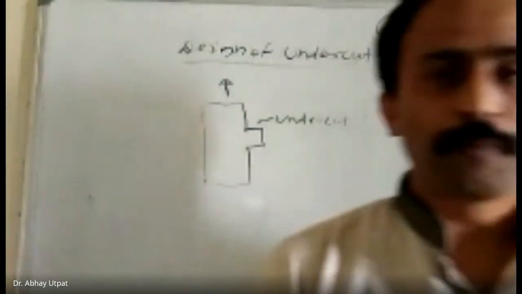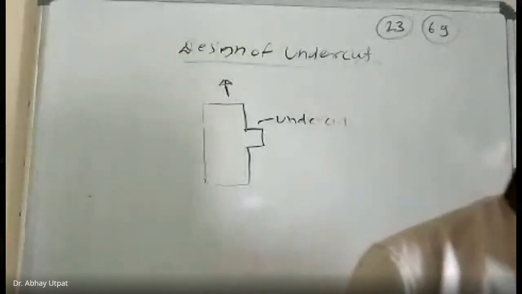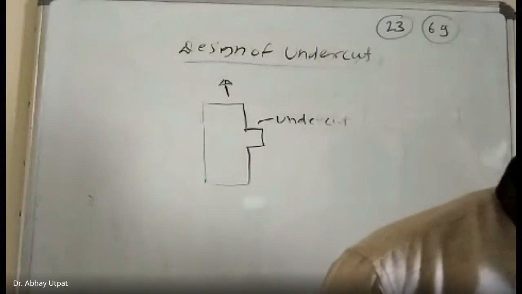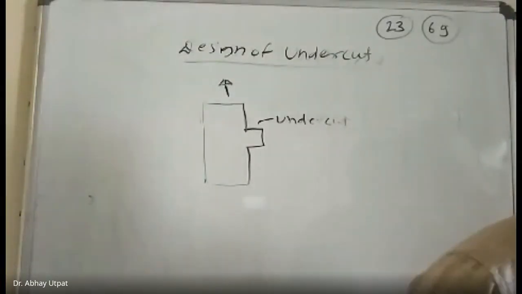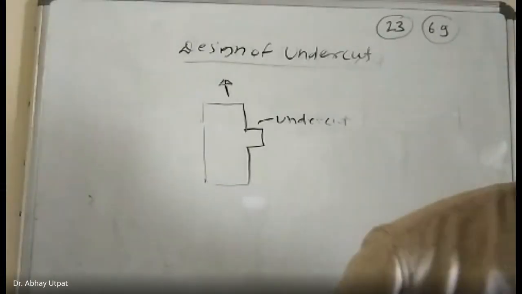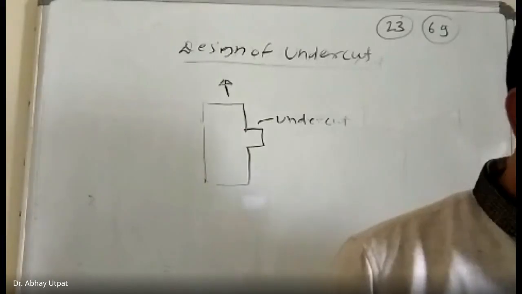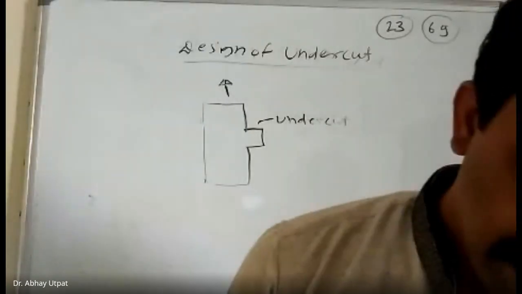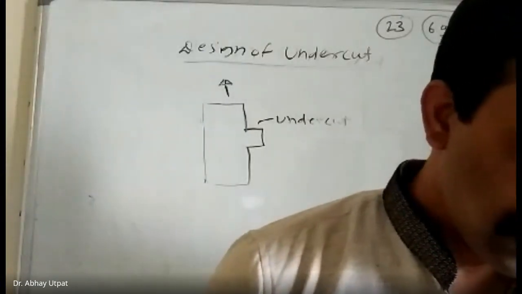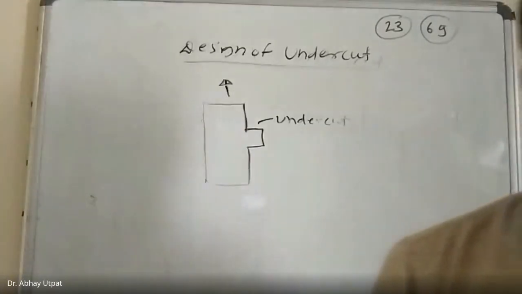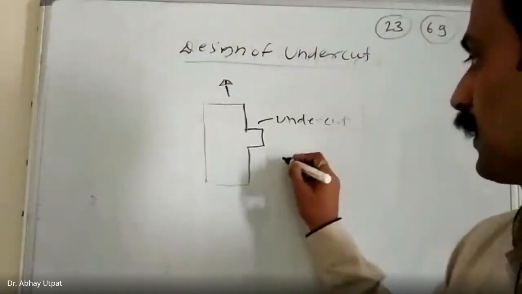The requirement of core pull can be avoided by providing shallow undercuts, which often may be strippable.